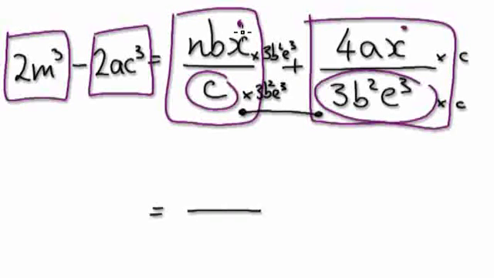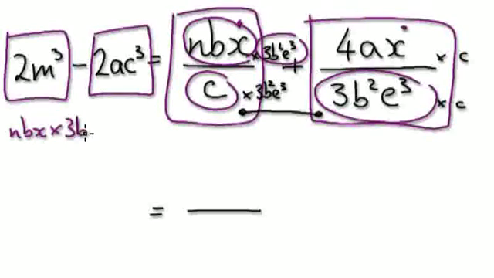So this thing here, let's get this multiplied with this here. So it's nbx times 3b squared e to the power of 3. Hang on, let me do it over here. nbx times 3b squared e to the power of 3.